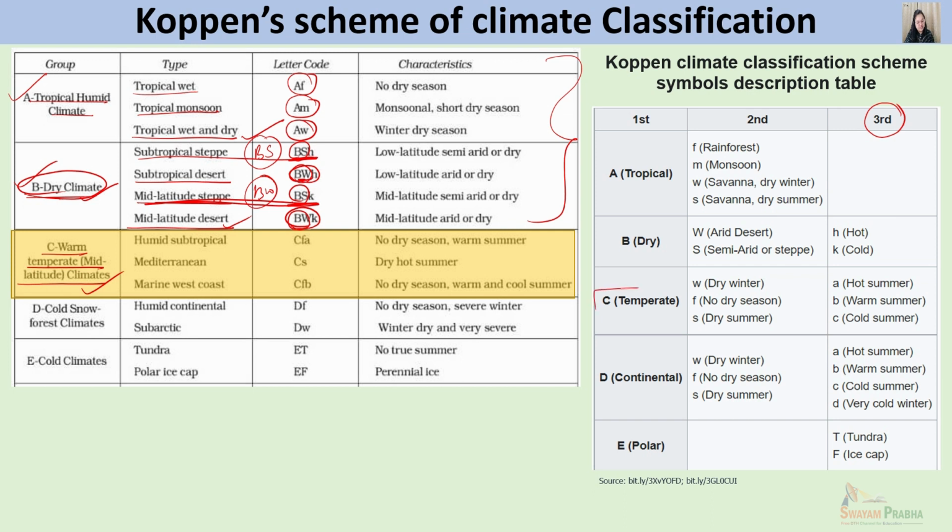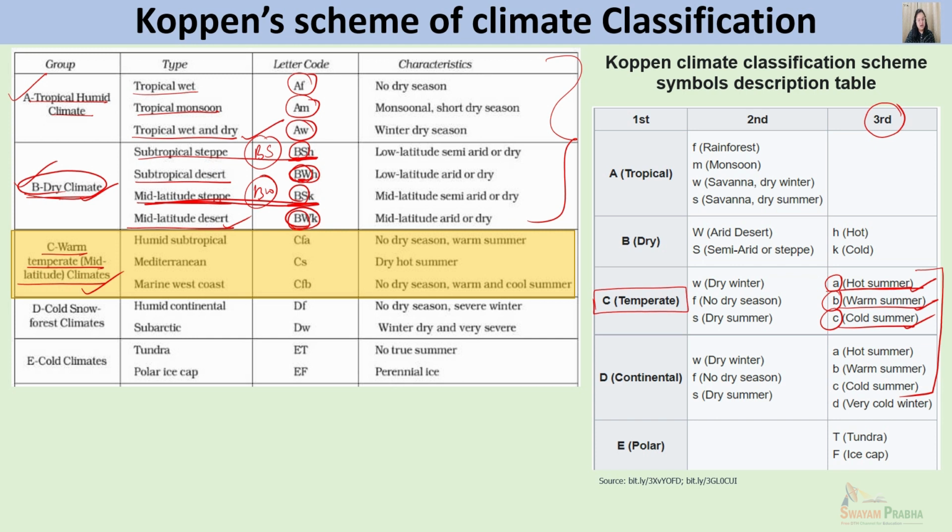For example, in C type category, you have a third categorization also where small a stands for hot summer, b stands for warm summer, and c stands for cold summer type of climate, because in mid latitudes, as we progress from the equator towards the poles, the climate conditions become much more complex. You have much more added regional variations also in the C and D type of climate. Therefore, for C and D type of climate, third category of division is also preferred in various areas.